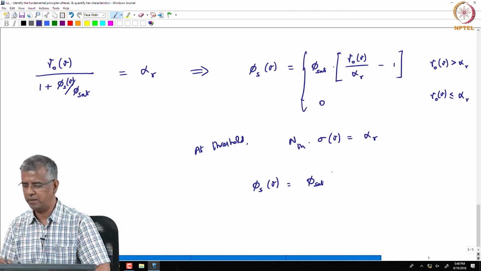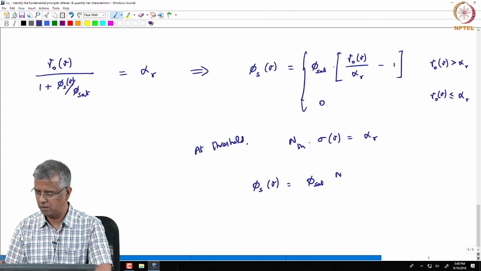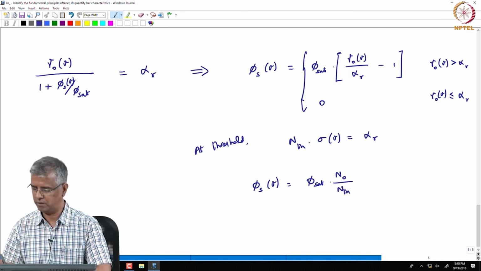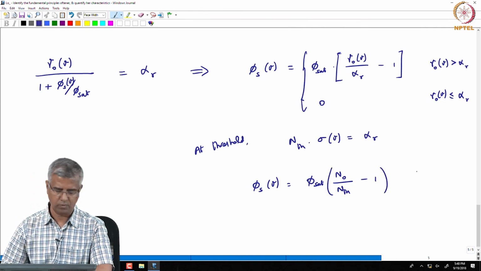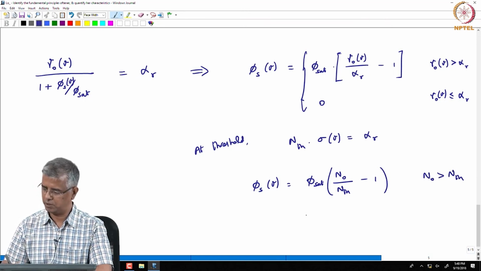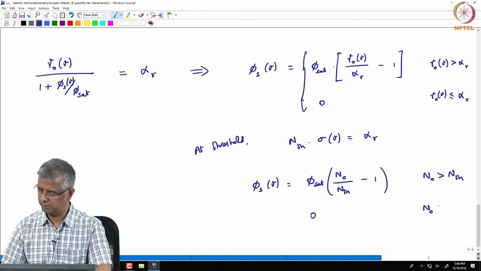Gamma naught can be written as n naught multiplied by sigma, but in the denominator you have n threshold multiplied by sigma, so the sigma gets cancelled, minus 1, for n naught greater than n threshold and 0 otherwise.